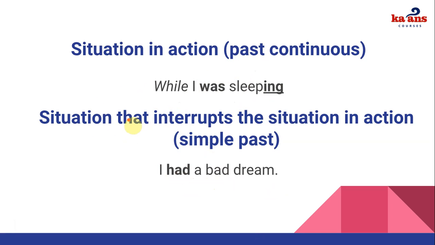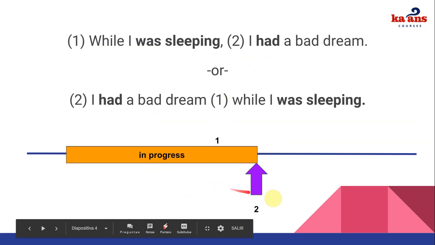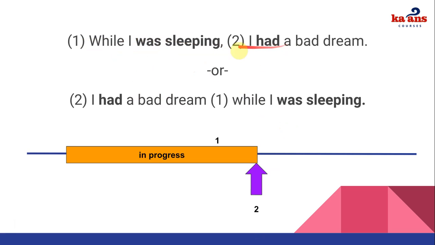Here we have a graphic way to show it, and as you can see, you have two ways to express this. It doesn't matter the order. In the first one, we have while I was sleeping, which is number one, the situation in progress.